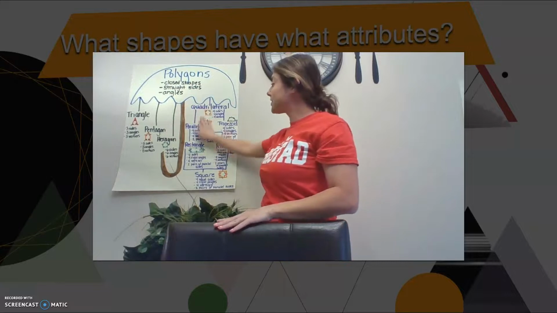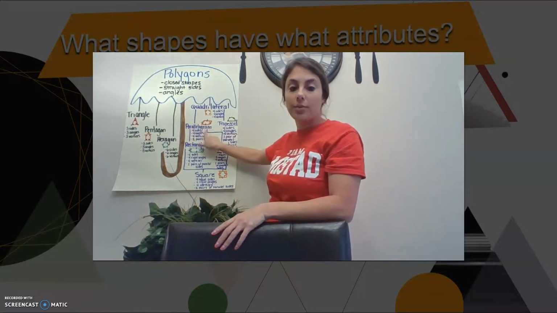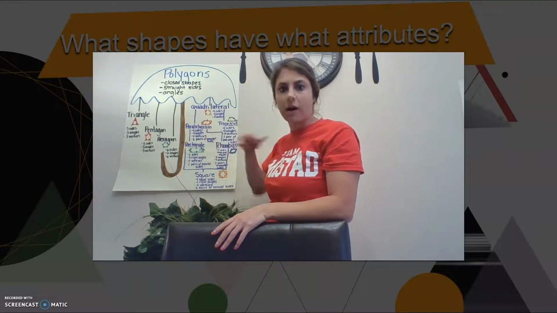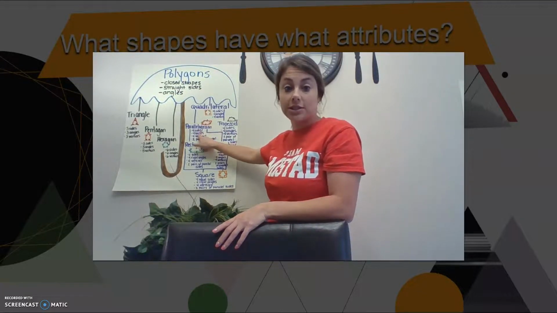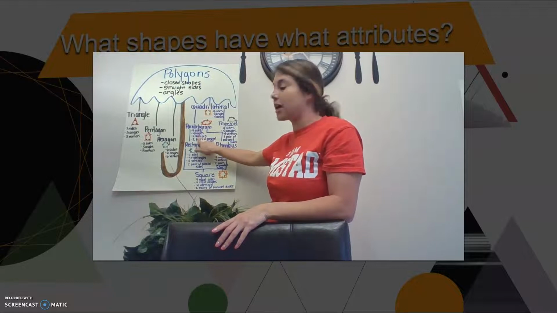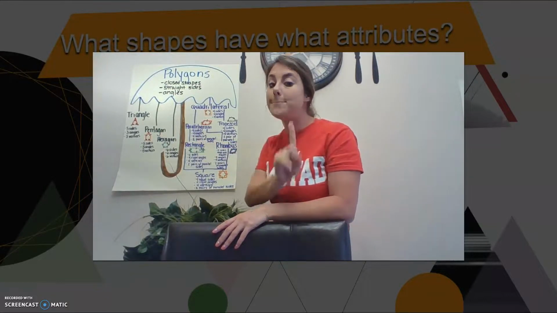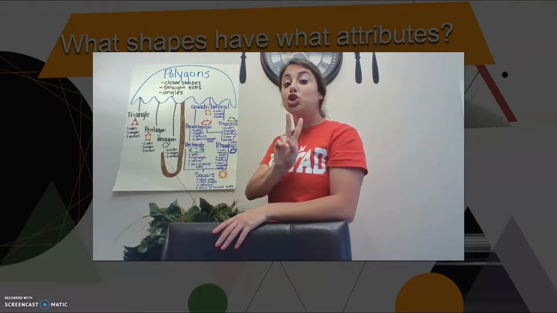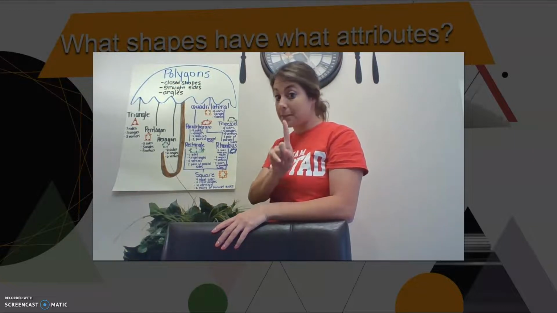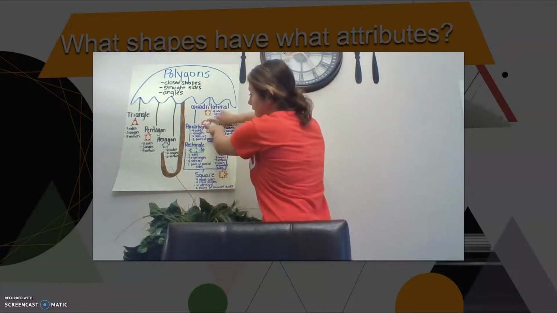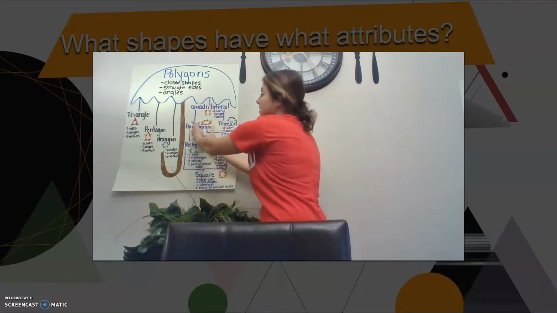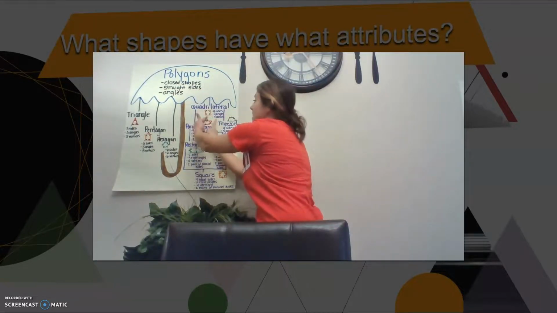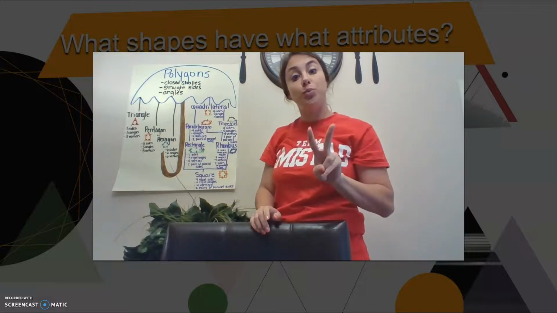Then I look at this other side. I'm looking at a parallelogram. You see this nice picture Ms. Wackus drew? I really tried my hardest, y'all. The parallelogram does have the 4 sides, it has the 4 angles, and it has 4 vertices. But it has 2 pairs of parallel sides, meaning these top lines would never touch, that's 1 pair, and these side lines would never touch, that's 2 pairs.